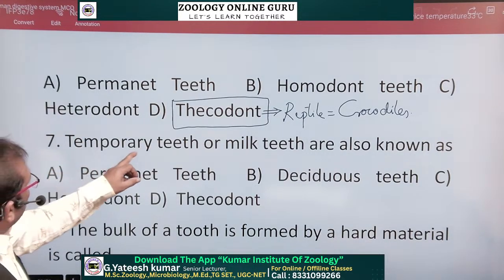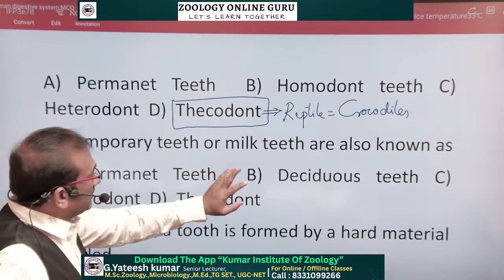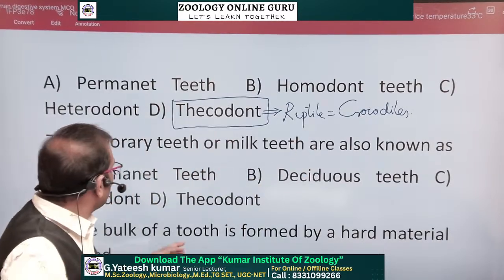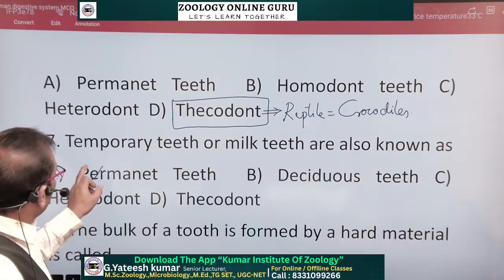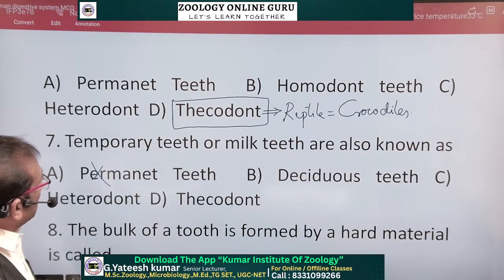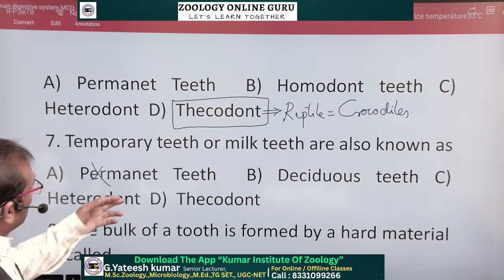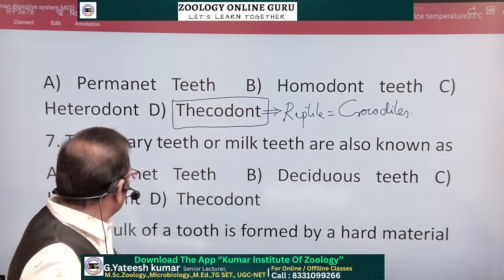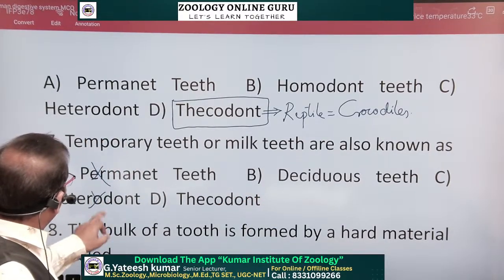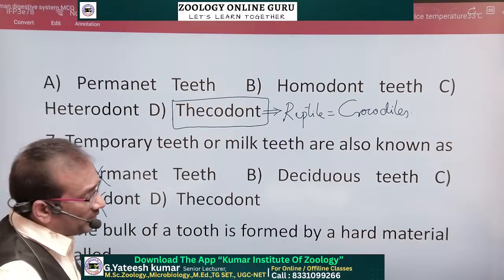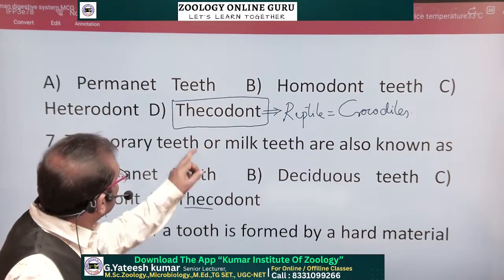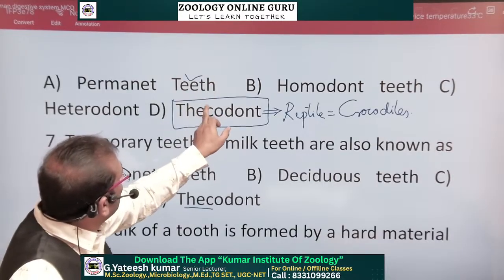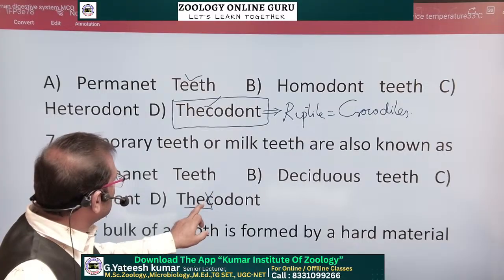Next, temporary teeth, also called milk teeth. Are they also known as permanent teeth? No, they are milk teeth, which come once again, so they are not called permanent teeth. Heterodont means different types, and thecodont means embedded in the jawbone socket, so these are also not the answer.